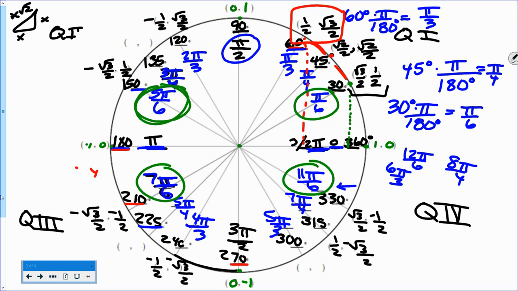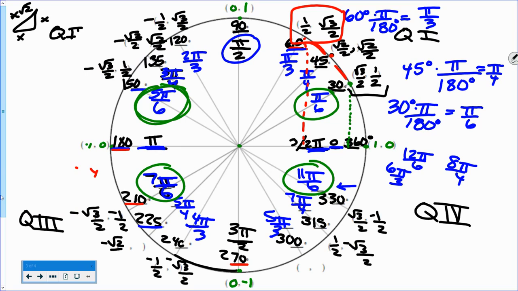Okay, the last one I haven't done, all the 45-degree angles. So every 45 degrees away from your x-axis, every 45-degree reference angle, or every time it ends with a 4 in the denominator for radians, everything will be square root of 2 over 2. And I've got to pay attention to the x is negative in quadrant 2.